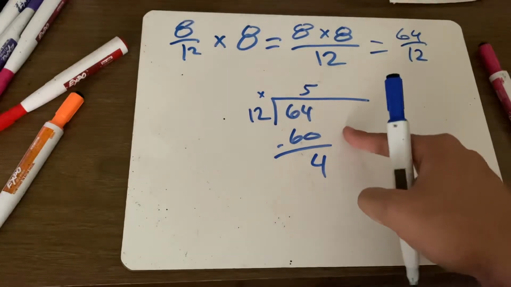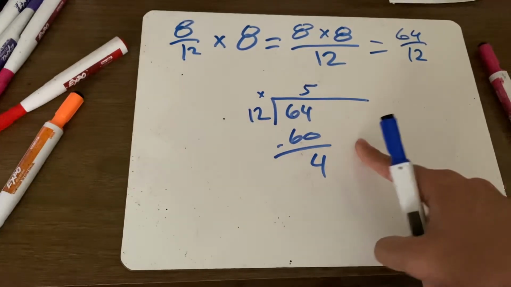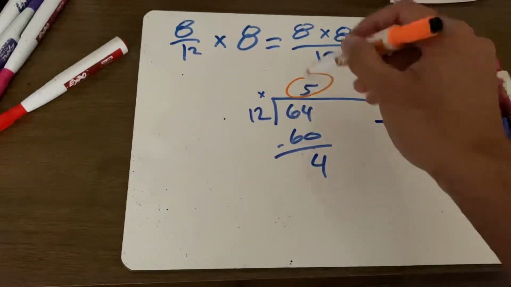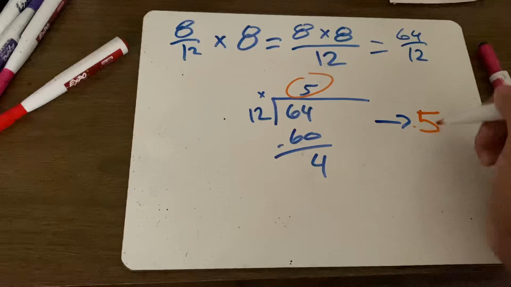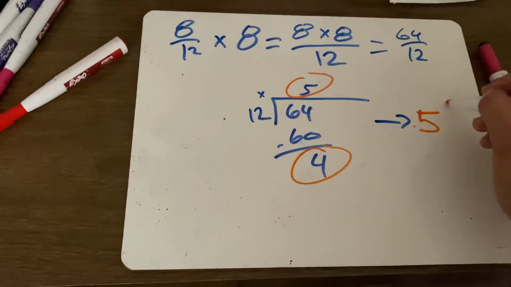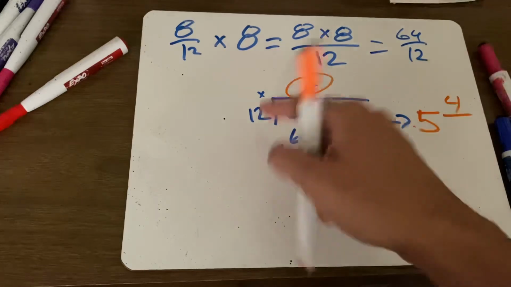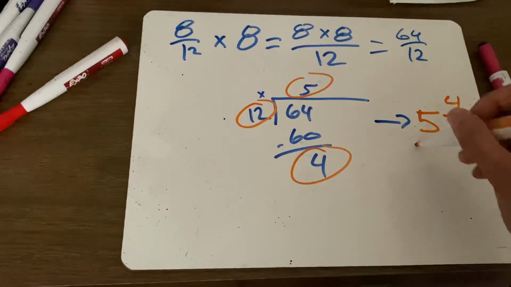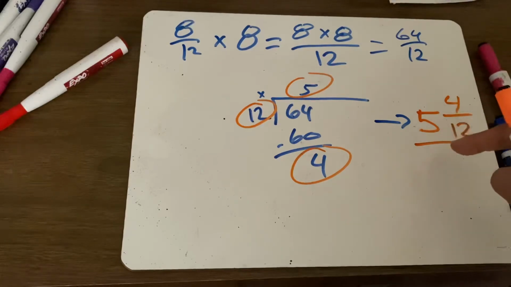And look, this time, we do have a fraction, right? Because our whole number is our answer, 5. Our numerator is our remainder, and our denominator is 12. And so our answer is 5, 4 over 12.